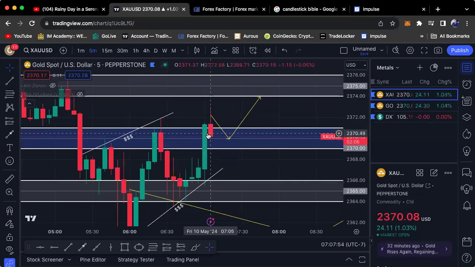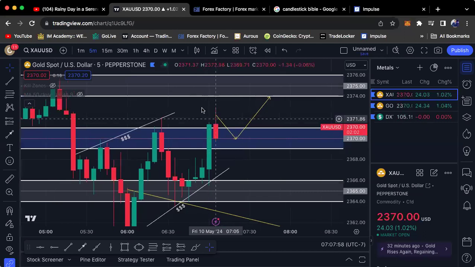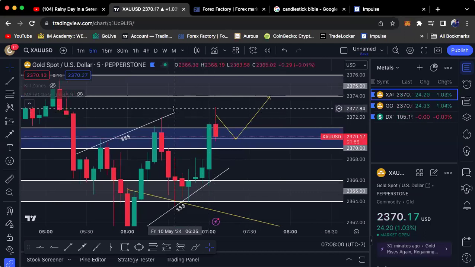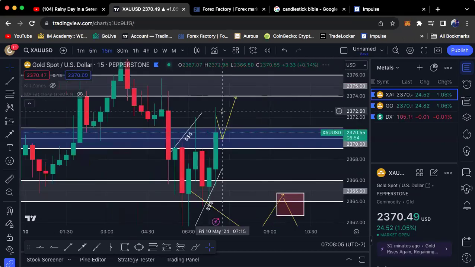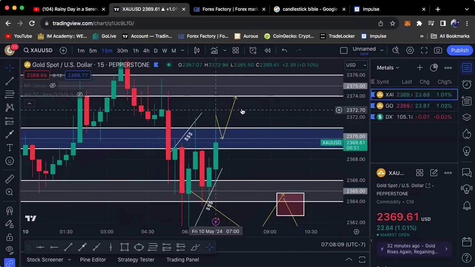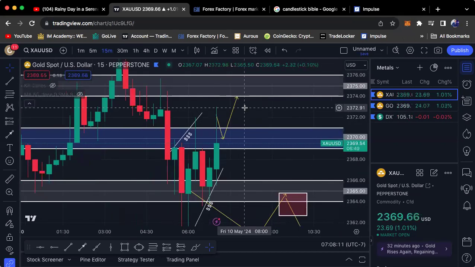See, our price is coming back to retest. Wait for the 15-minute mark. I'm waiting for the 15-minute candle to close. We still have 6 minutes for the next 15-minute candle to form.